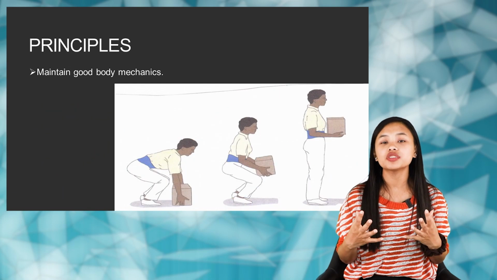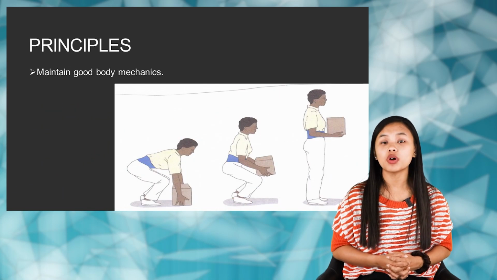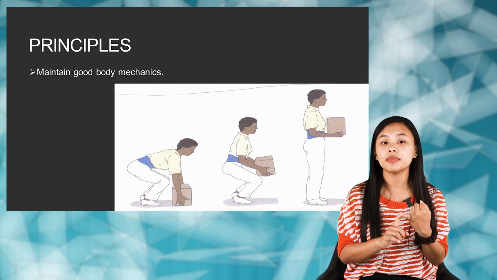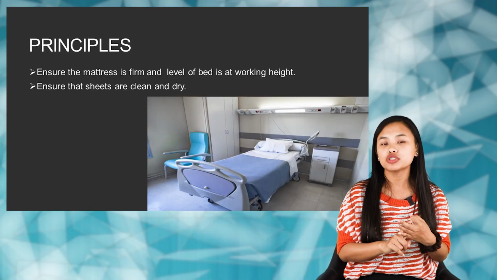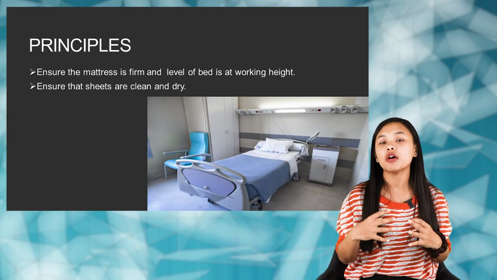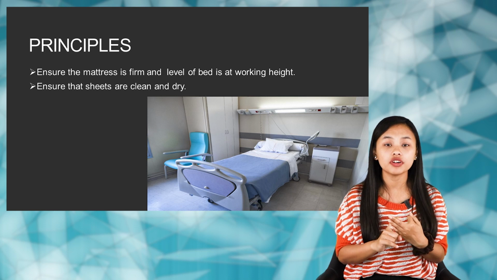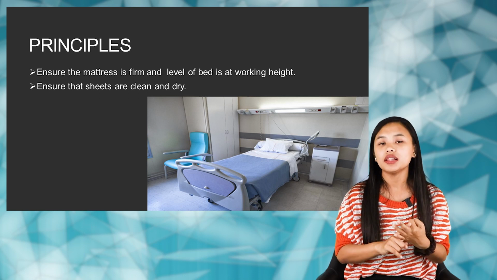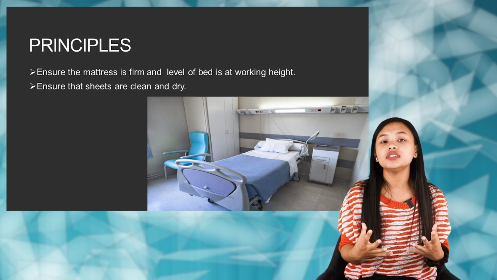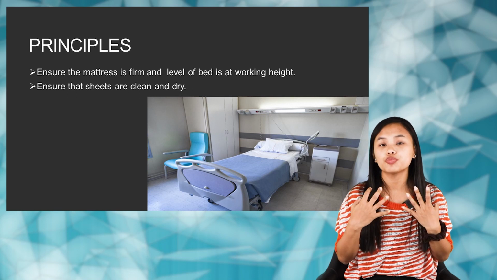So what are the principles of positioning? The first one is to maintain good body mechanics. The second is to obtain assistance if it is required. We should also ensure that the mattress we provide to the patient is firm and at a level where it will be easy for the healthcare provider to provide care.